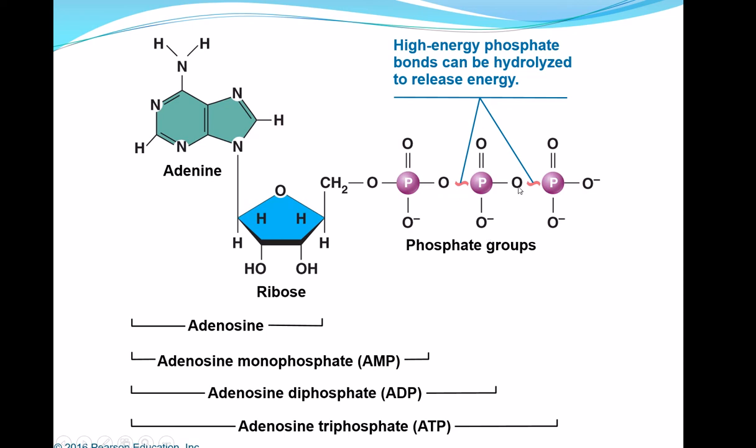What is significant about these phosphate groups, particularly the bond between this 3rd phosphate group and this 2nd phosphate group, is that these chemical bonds have a ton of stored potential chemical energy. And when we break these bonds, we release that energy, and that is why ATP is our energy molecule, our energy currency.